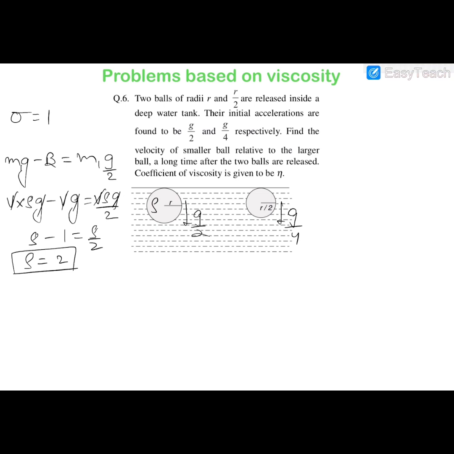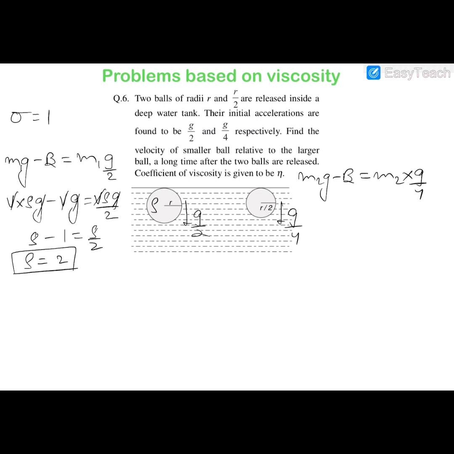And we know that for the second ball, M2g minus buoyancy will be equal to M2a, where a is g by 4. And obviously, when these balls attain the terminal velocity, the net force acting on the balls will become 0. And mg minus buoyancy will be balanced out by the viscous force.